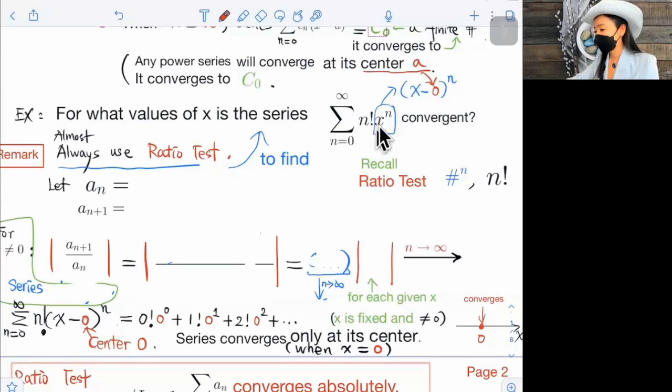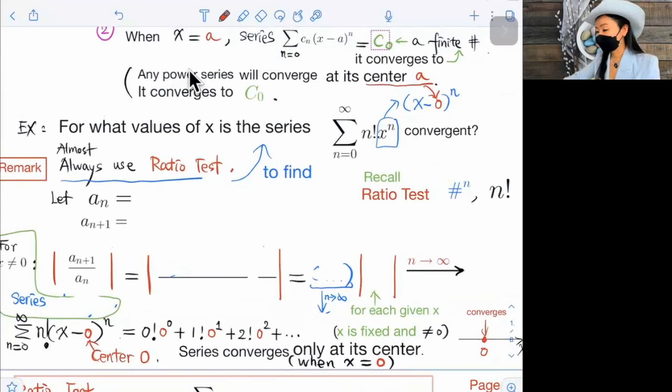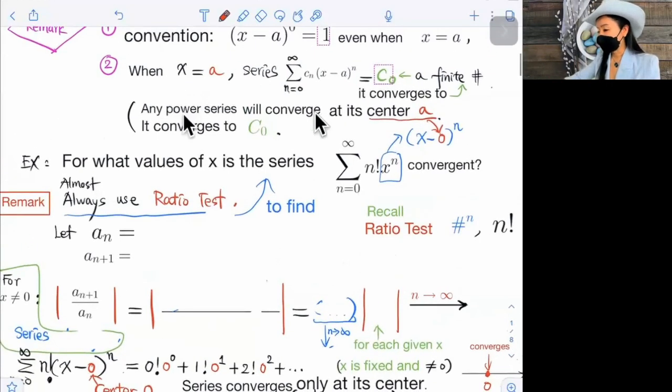If we substitute 0 for x, would that be equal to a finite number? Yes, because we just talked about this. All power series will converge at the center and actually converge to c0. So this series is going to converge at the center 0.